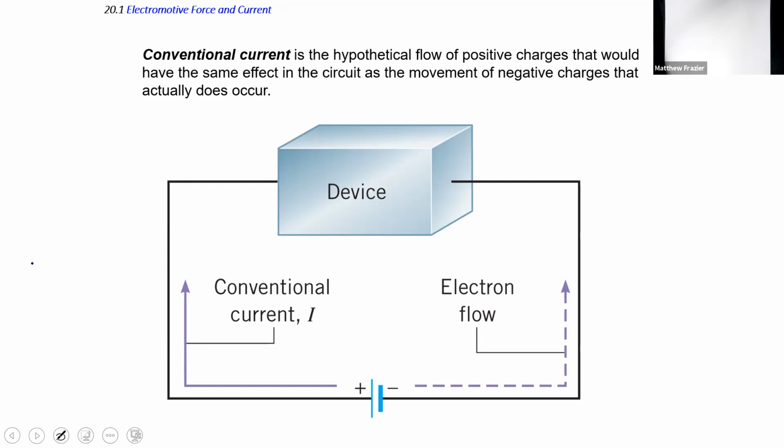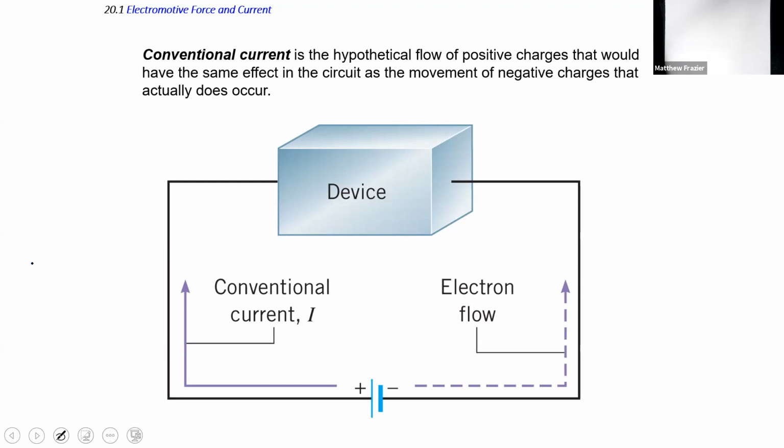But then we identified that the nucleus of atoms were the positive charges. And this comes from our definitions of positive and negative for static charges, for static on an object. We determined that the positive charges were not moving and the electrons, the negative charges, were.